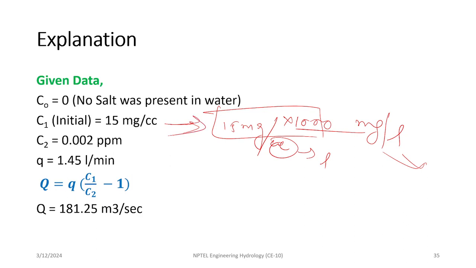Then go ahead and solve this expression. ppm is nothing, it is only. Yeah, then we get 181.25. That's good. So keep the conversion in your mind while solving such problems, okay?